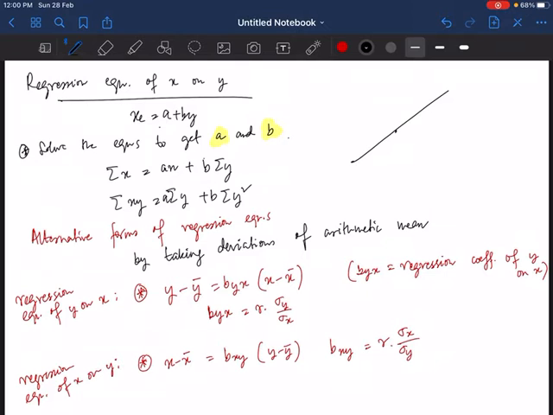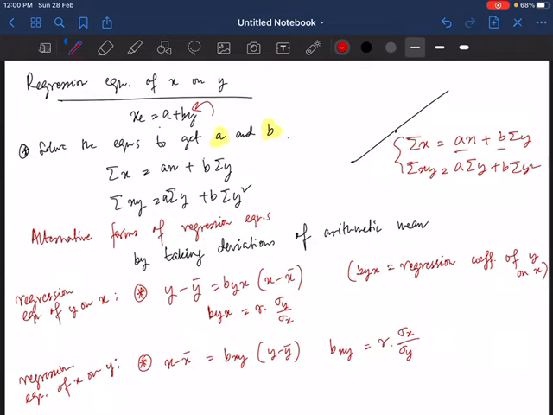So what two equations do we have to solve? Summation of x = an + b summation of y, where n is the number of terms, and the other one will be summation of xy = a summation of y + b summation of y square. These two equations we have to solve to get the values of a and b, and once we get them, we'll substitute here and get the required relation.